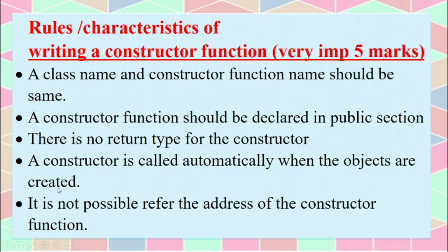That means the value we are initializing for a particular variable will be set automatically when you create an object in the main program. Then it's not possible to refer to the address of the constructor function, so we cannot find the address of the constructor member function. So these are the 5 rules for a constructor member function.